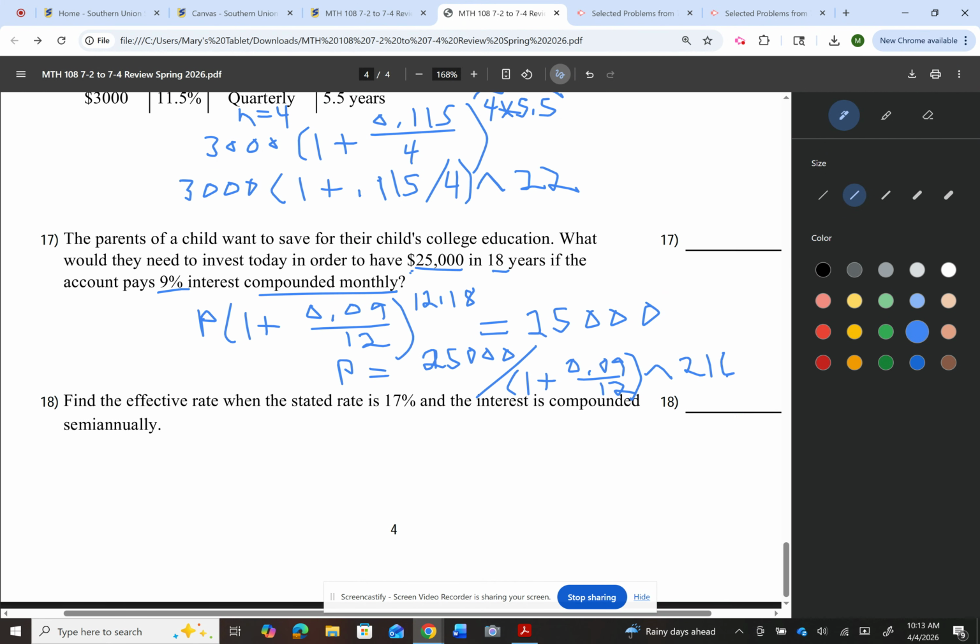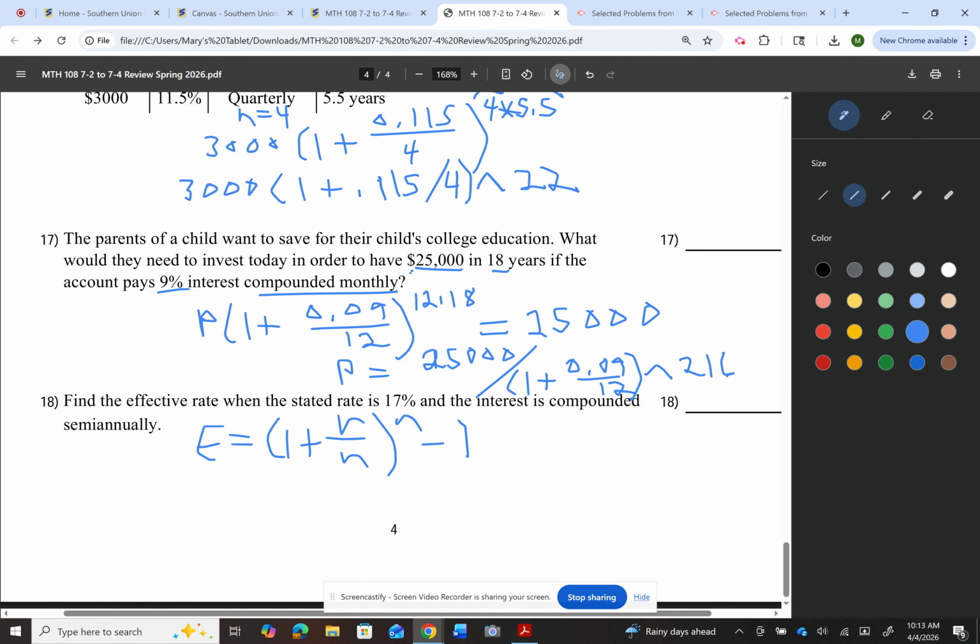All right, and then one more, the effective rate formula. That's going to be on the formula sheet. For that one, you take this formula and you just plug in, and that'll convert the nominal rate of 17%, compounded semi-annually, into the equivalent simple interest rate.